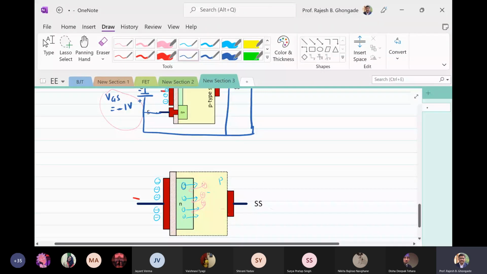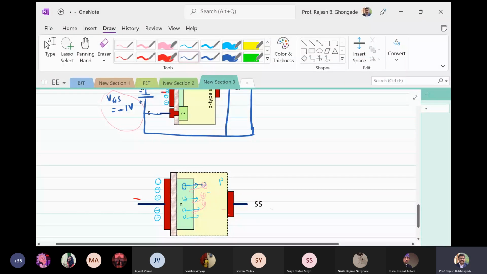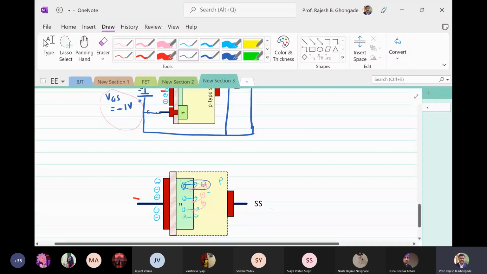So it is possible that they come across each other and recombine. Depending on the magnitude of the negative bias, that is your VGS, the level of recombination between electrons and holes will take place.